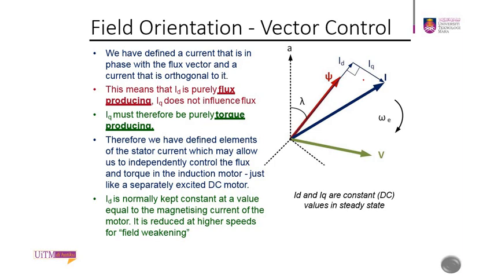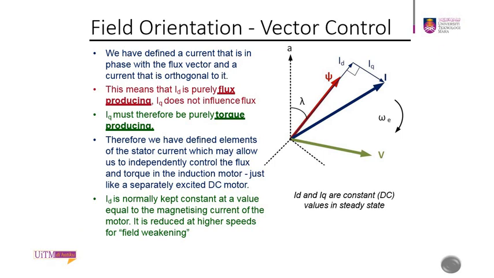Therefore we have defined elements of the stator current which allow us to independently control the flux and torque in the induction motor, just like how we control a separately excited DC motor. ID is normally kept constant at a value equal to the magnetizing current of the motor, and it is reduced at higher speeds for field weakening.